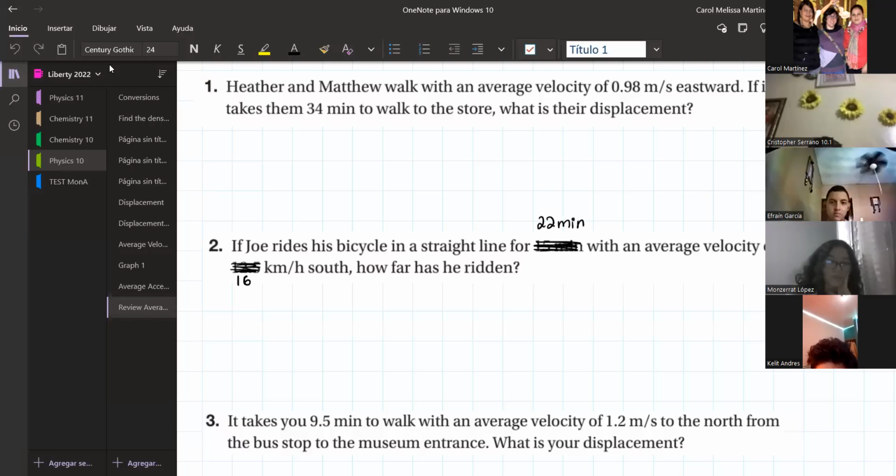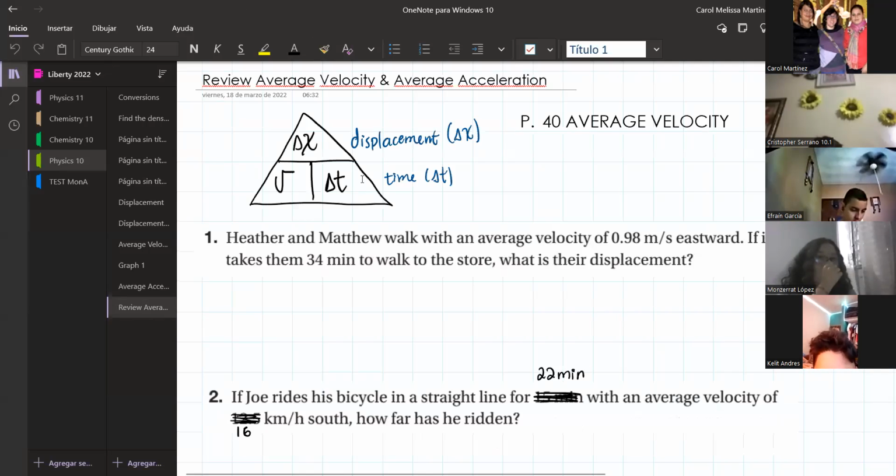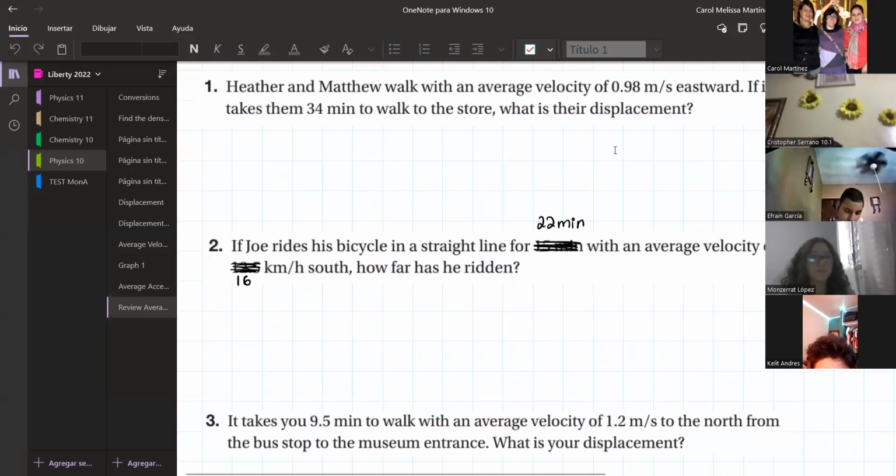Now, take a look. You need to identify givens. We can possibly have 3 givens: displacement, time, or velocity for this topic.